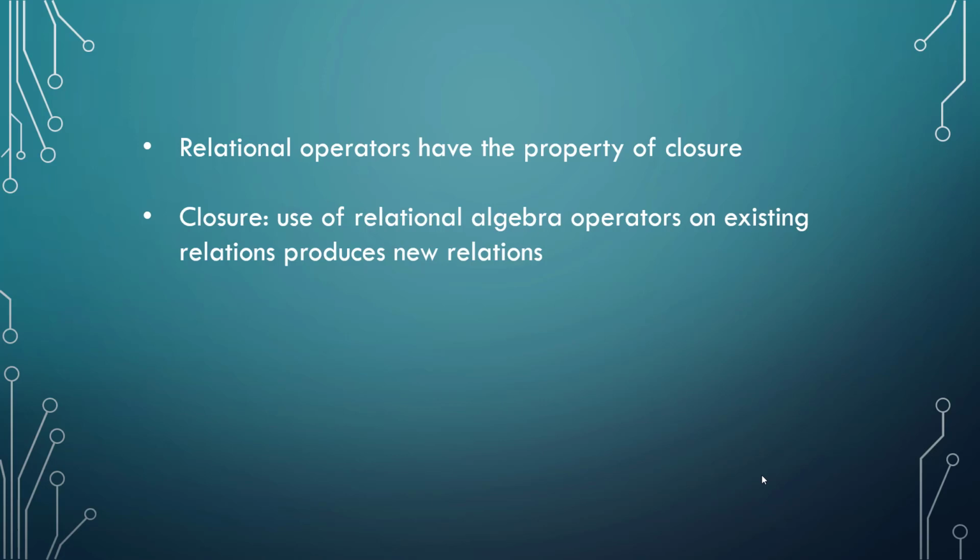I can never get integer times an integer and get a fractional or a decimal value. That's because the operation of multiplication is closed within the integer set. Within relational algebra, any operation that I do will take a relation and maybe do something with another relation, but in the end, what results is a relation.